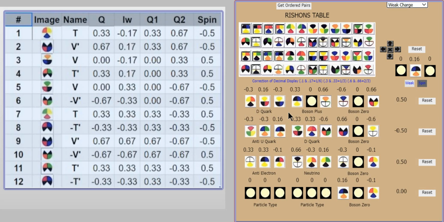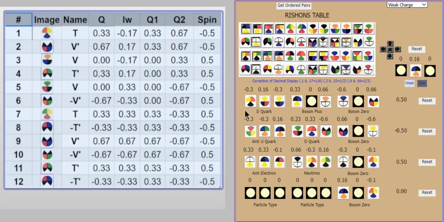Now, if we look at what we initially had with the C quark composed of the two V rishons and the dual relating V rishon, then we will see that we have 2/3 combined with a minus 1/3 gives us 1/3, and 1/3 plus 1/6 will give us 1/2.